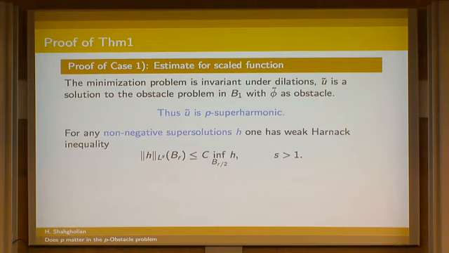Now we can use the weak Harnack inequality. The weak Harnack inequality is applied to non-negative supersolutions. It says that if you have a non-negative supersolution, some L^s norm is going to be controlled by the infimum.